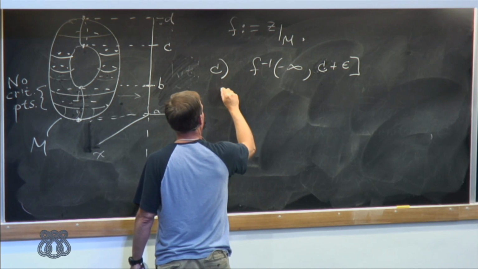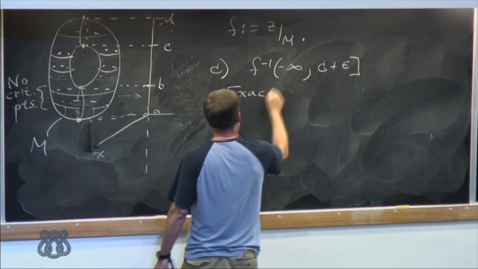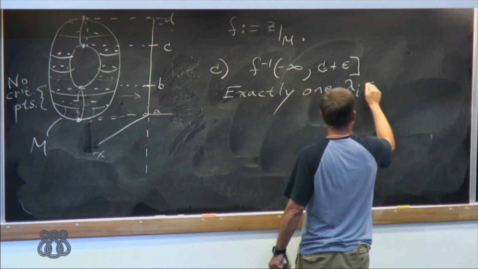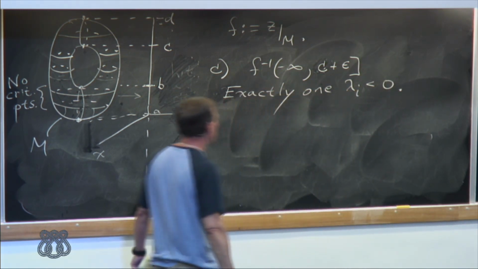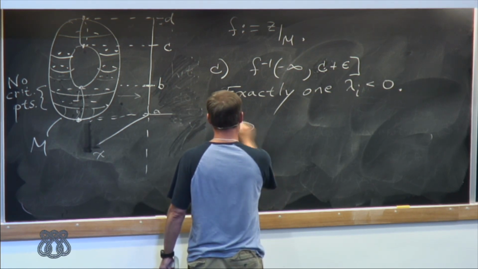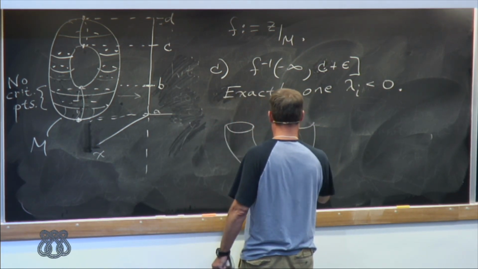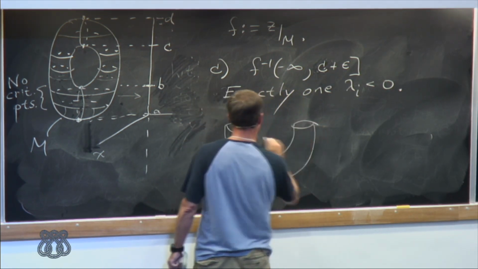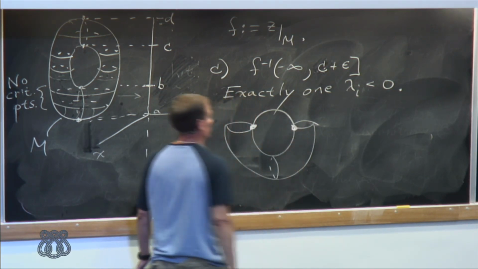Again, we're at one of these critical points where exactly one of the lambdas is less than 0. And again, you attach a 1 cell. So you started with this, and now you glue in a 1 cell.